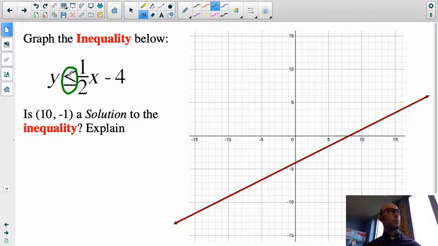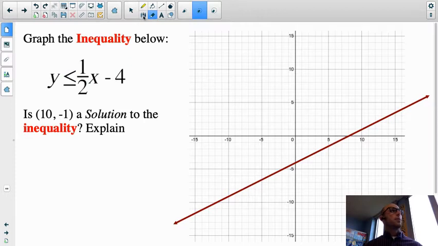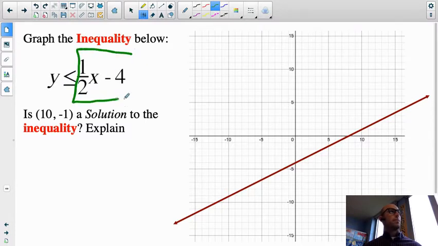In this particular case, and I'm going to erase this so we can see it really well, we need y values that are less than or equal to this calculation. So less than or equal. Not only are all of the points on this line solutions, but all of the y values less than the line are as well.